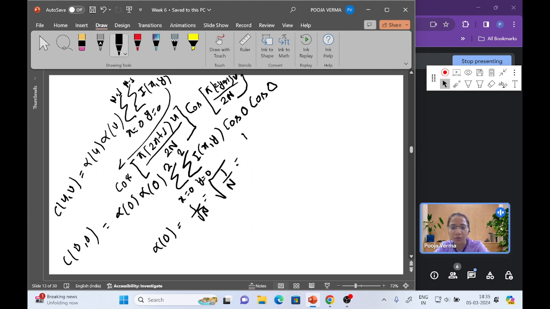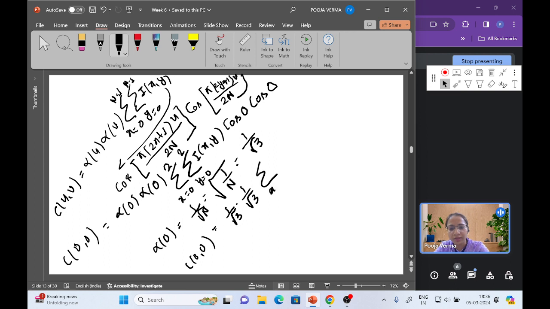So root 1 is 1 only, so 1 by root 3, right? So now C 0 comma 0, alpha 0 is 1 by root 3, and alpha 0 again is 1 by root 3.